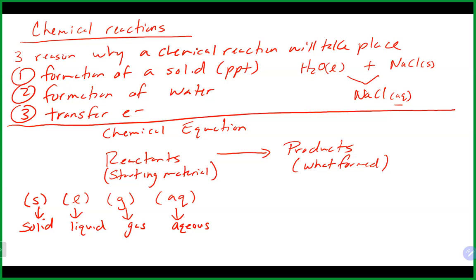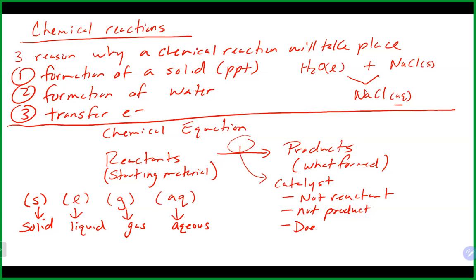Other things that we sometimes see written on top of the arrow is a catalyst. And a catalyst is not a reactant. It is not a product. And it does not get used up in the reaction.